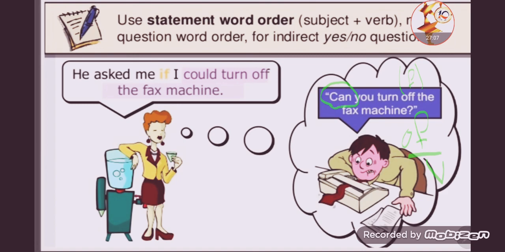Let's see how do we change it. He asked me. Okay, إذن هو هون إجينا بالreporting verbs.